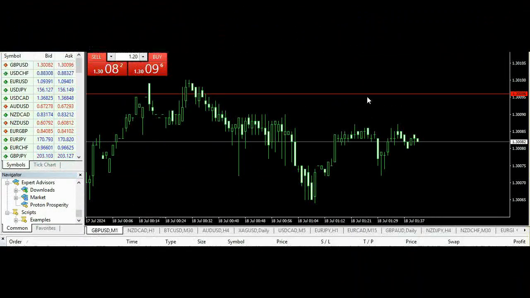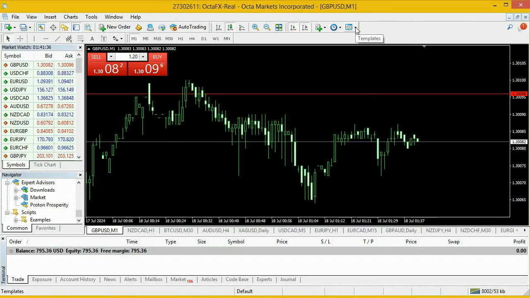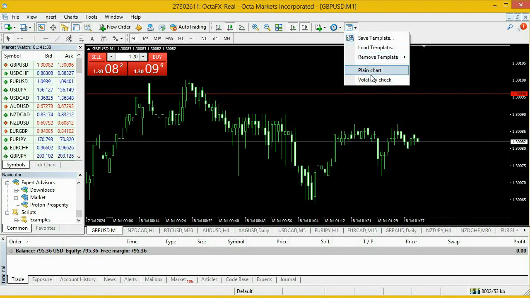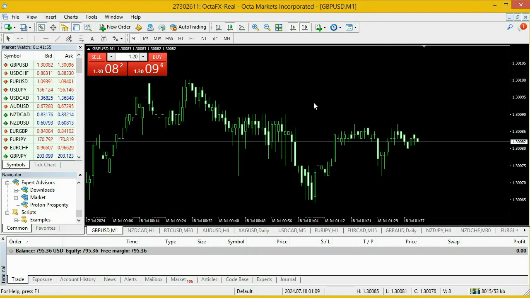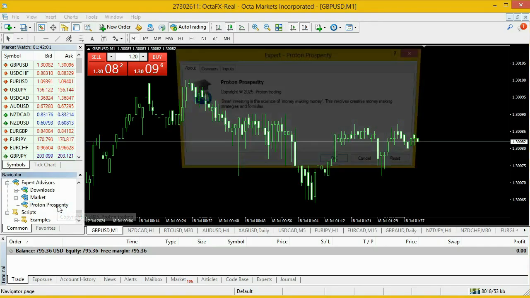Our next trade is on the British pound and US dollar currency pair. All good. We enable auto trading. We load the expert.